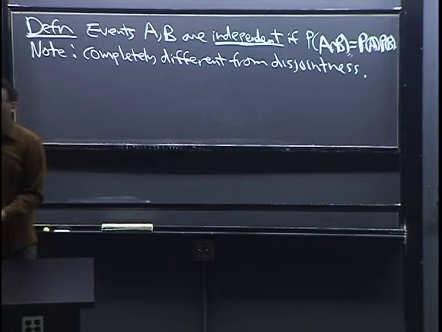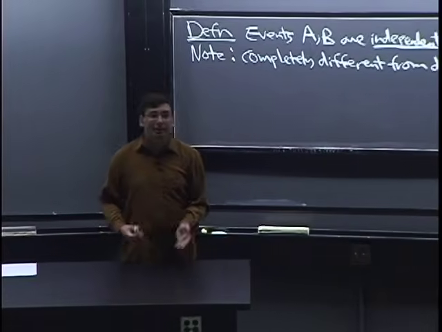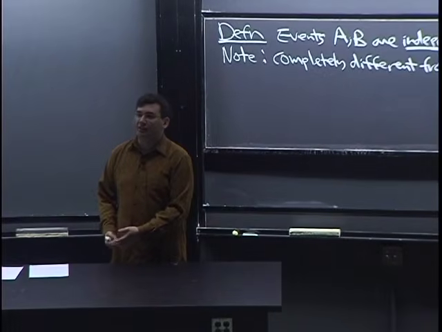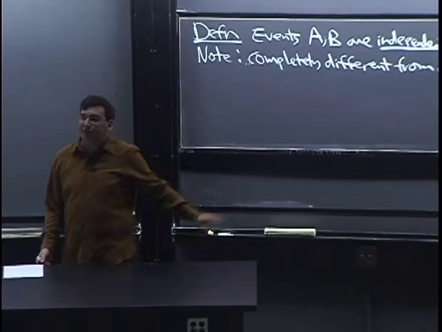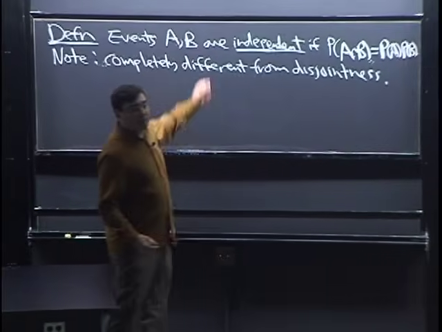That's opposite to independence. Independence says if we know that A occurs, it tells us nothing whatsoever about whether B occurs. Disjointness says if A occurred, then B can't occur. So they're completely different concepts, but for some reason they get confused a lot, so that's why I was mentioning that. That's for two events.